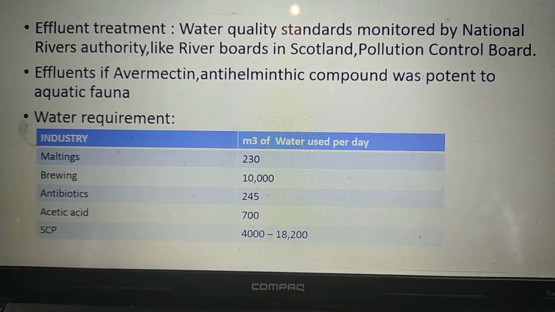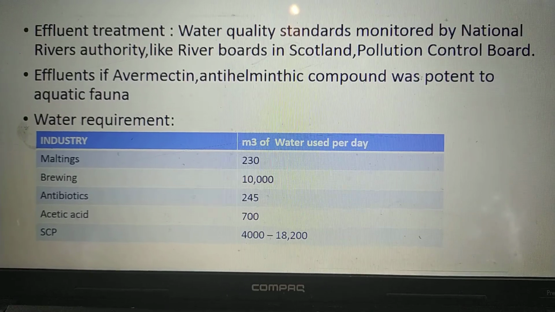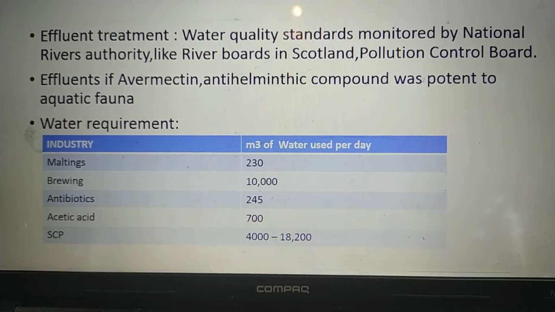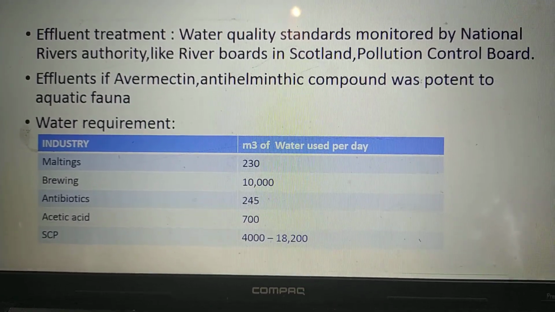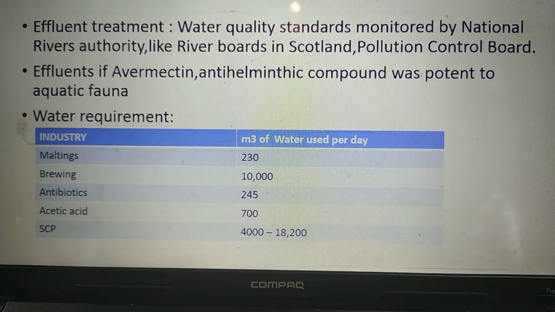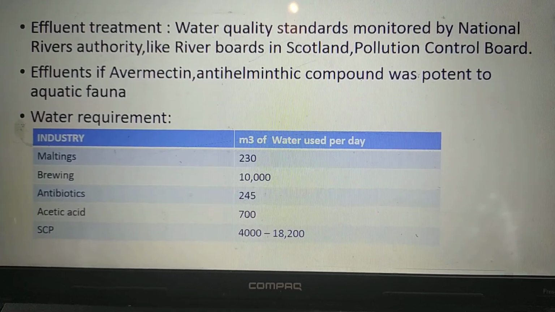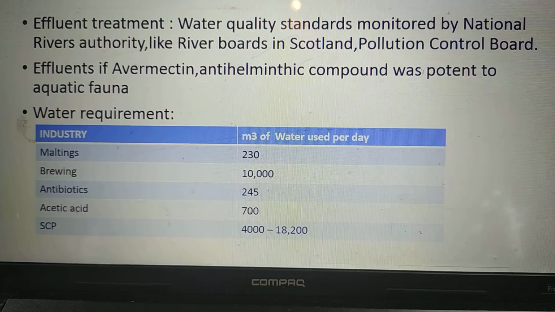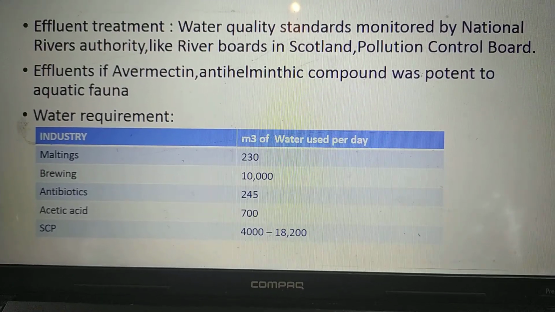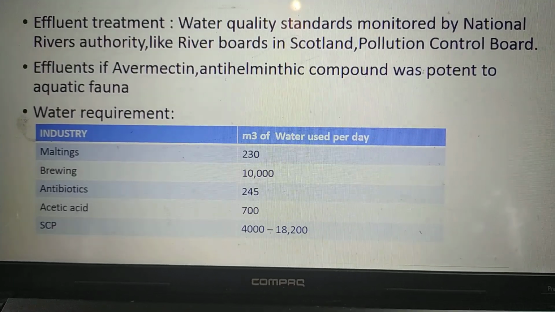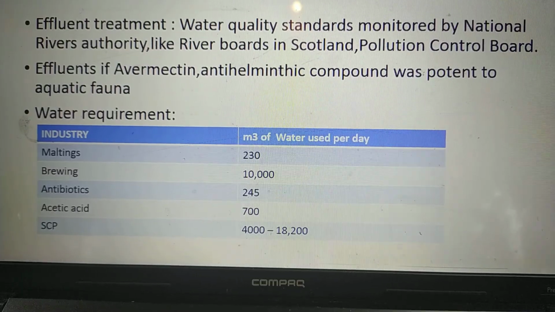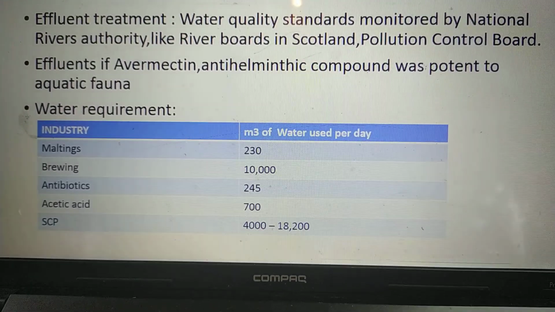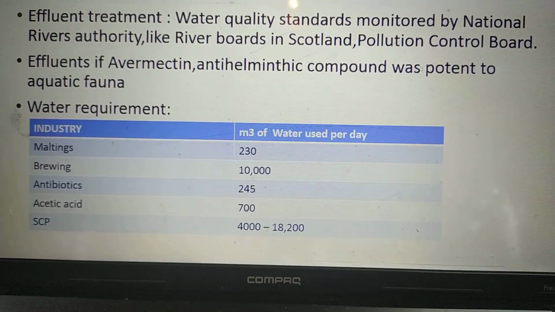So these all are very important boards where they will monitor the industry's effluents. Okay, effluents like certain chemicals will be there in the common medias, they are very harmful. Ivermectin, anti-helminthic compounds like that, they will be present in the media, and they will affect the fauna.